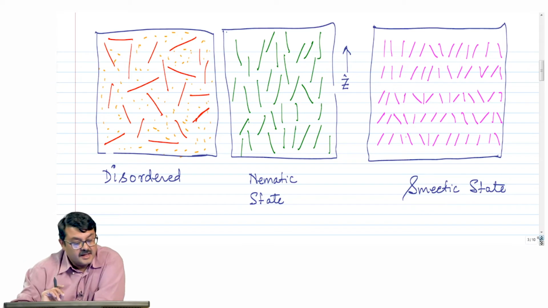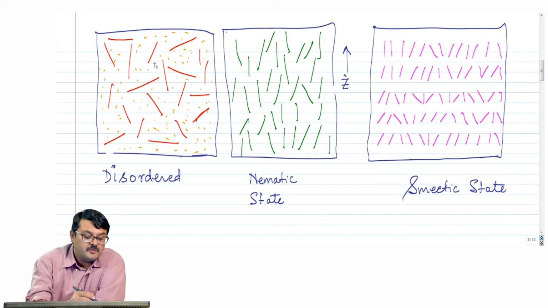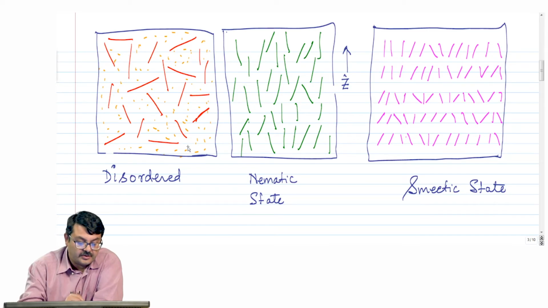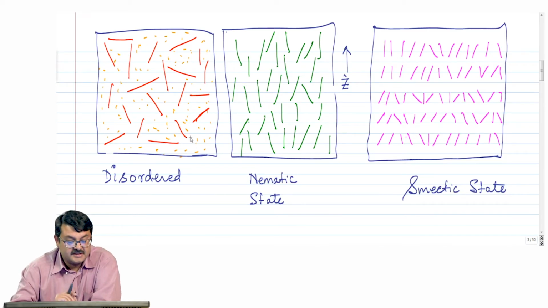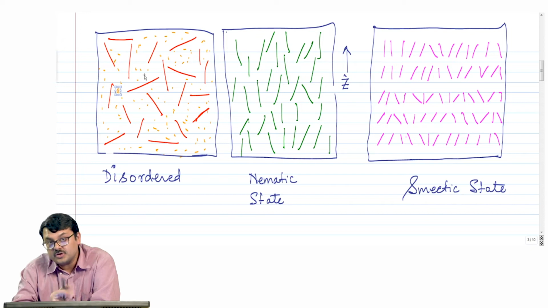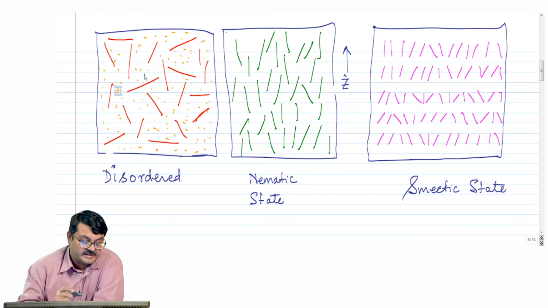The constituents of liquid crystals are essentially long rod-like molecules like these. These are typically dispersed in a background fluid. These orange dots denote the background fluid, and the rod-like molecules undergo Brownian motion in the fluid, and they are pointed in all possible directions.